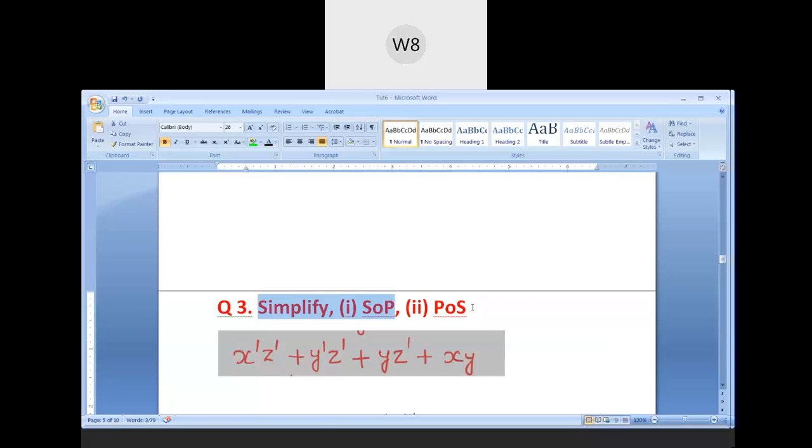But again, that also should be the simplest expression. So simplify these and find out the SOP and POS.